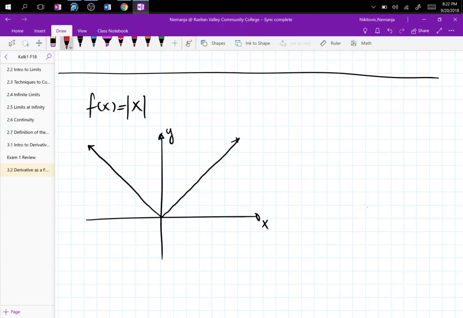So what's the slope of the line here? 1. Because it goes 1 unit up, 1 to the right, 1 up, 1 to the right, so it's 1 to 1. So we have to draw the derivative at number 1.